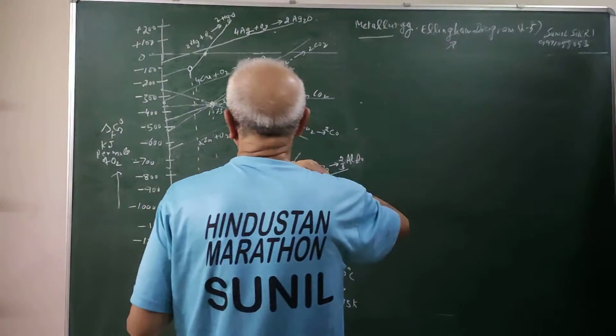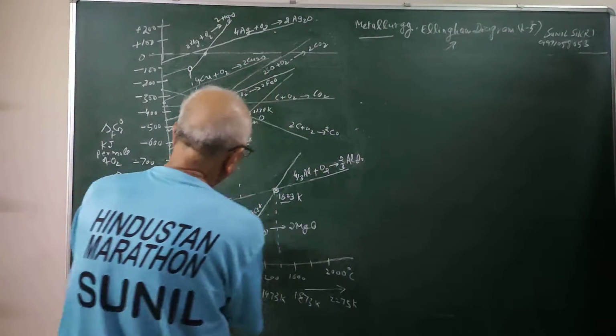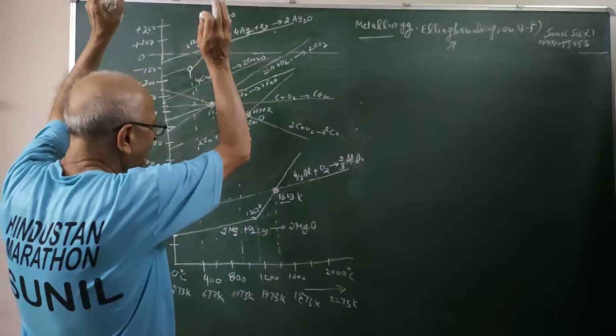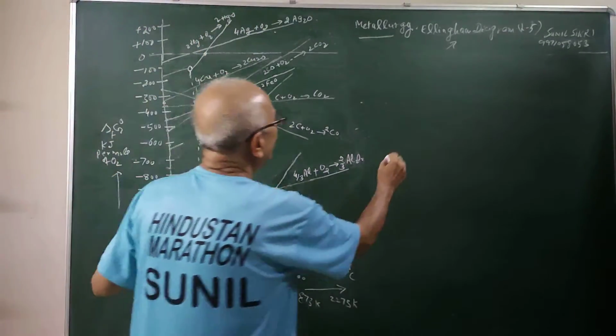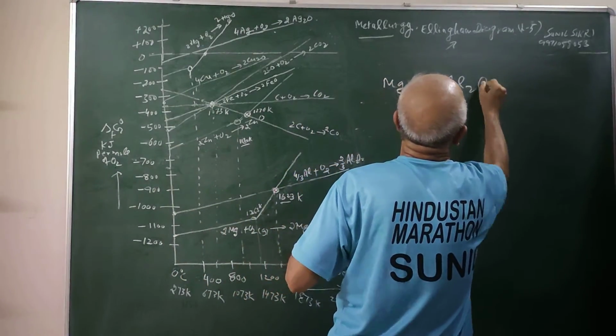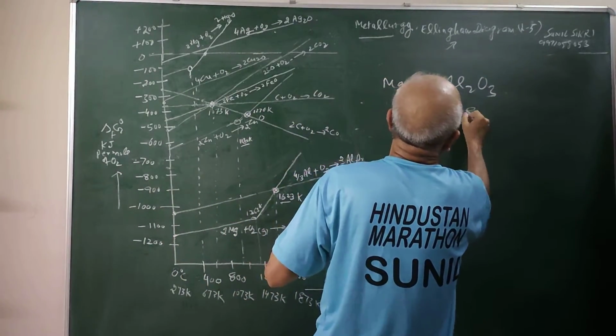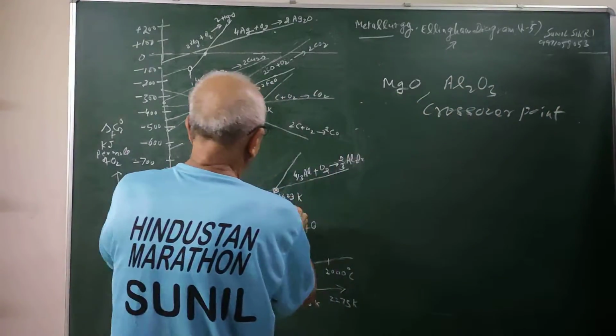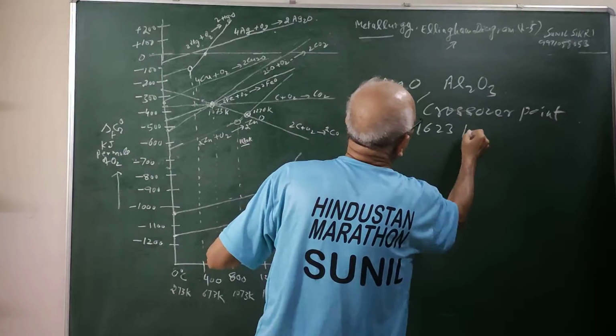One more interesting thing, students, which I want to say: magnesium is the most active here. It will be able to reduce all those which are above it, as you can see. But when I discuss magnesium oxide and Al2O3, you see there is a crossover point at 1623 Kelvin.